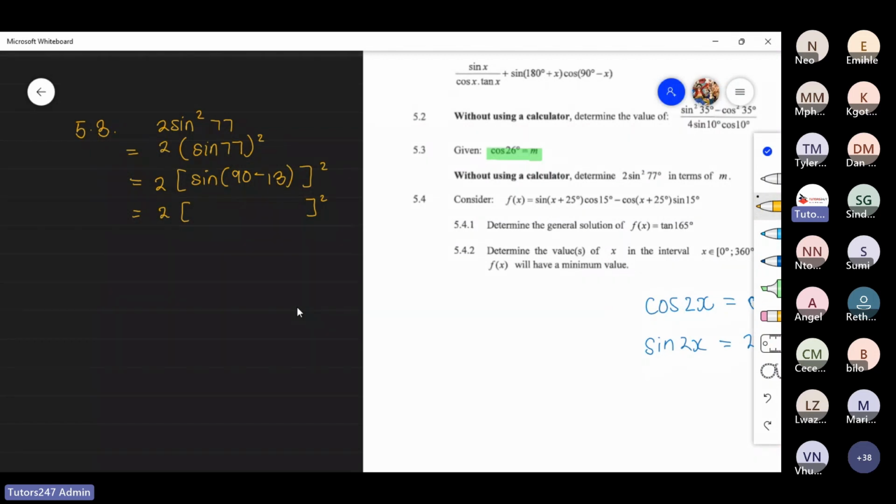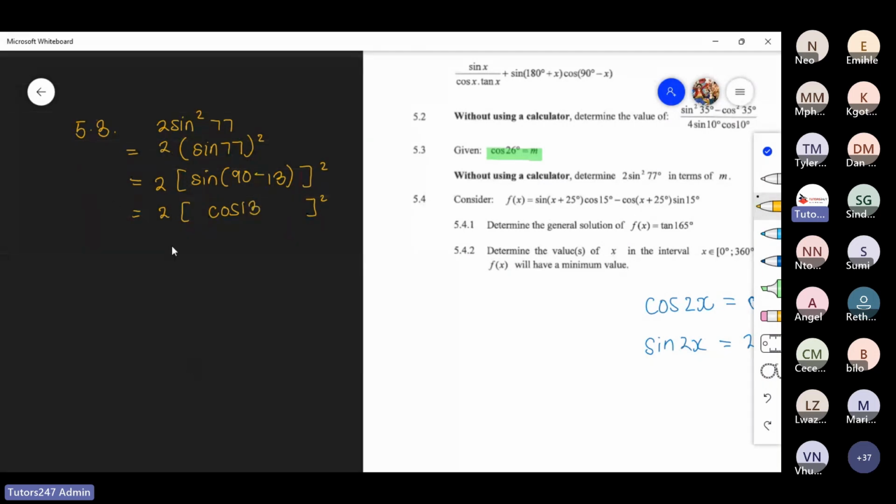It's going to remain positive. Then we ask ourselves, because I have sine, what is the sine turning into? It's going to turn into cos. So sine will turn into cos and cos will turn into sine. Always keep that in mind. So this is now going to become cos of 13.